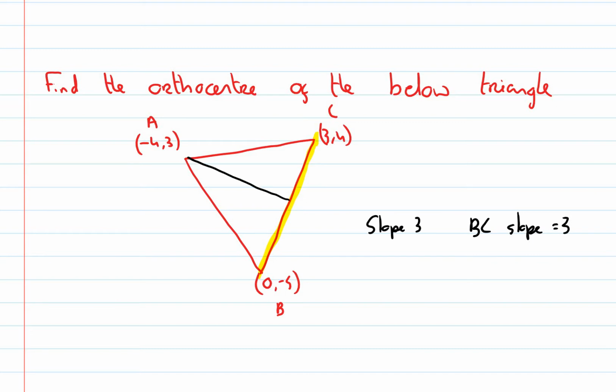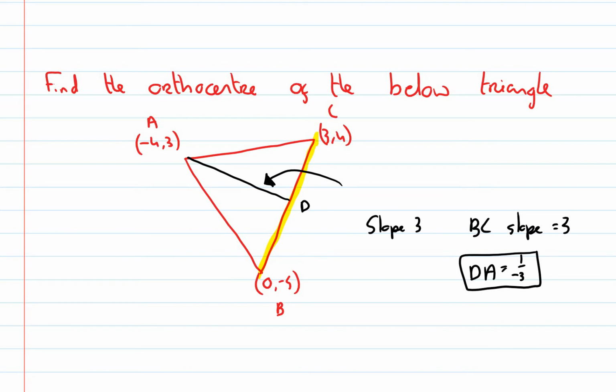So this line here then, what's that slope? And we'll call this point, I suppose, D. So slope DA then equals, well, turn upside down, change the sign, minus 1/3. So there's the slope of that line.